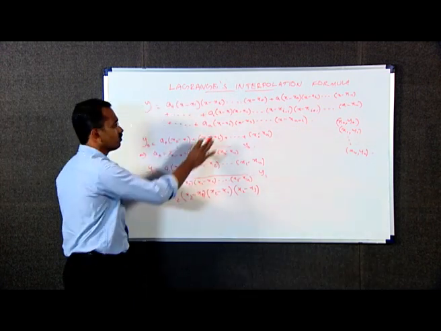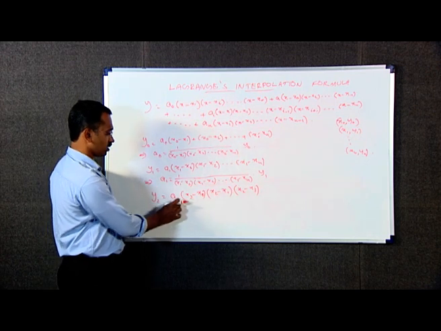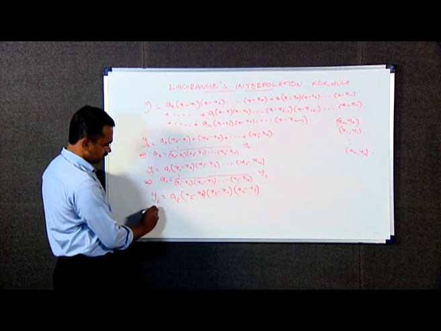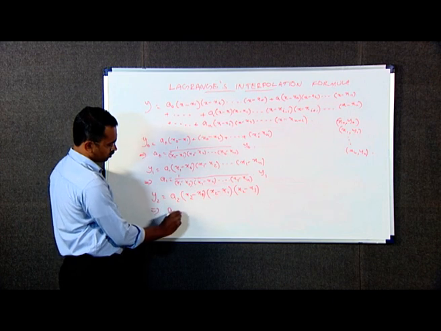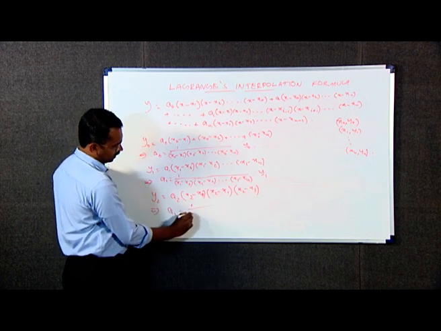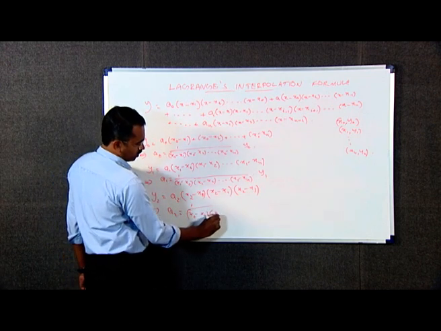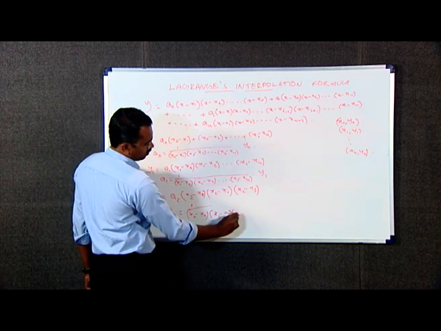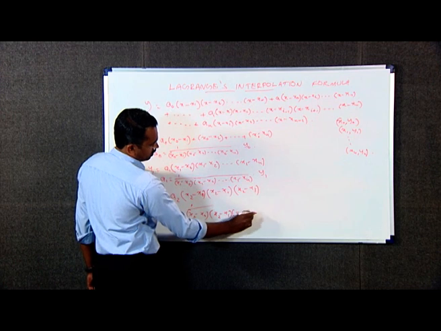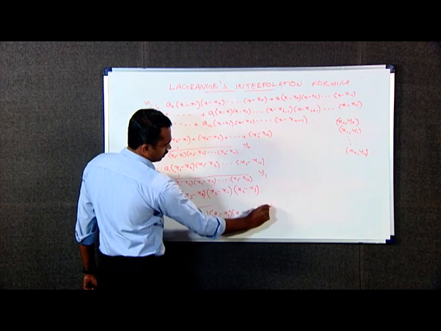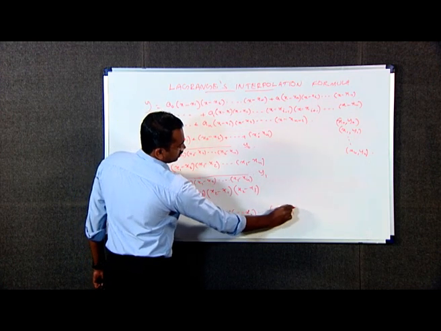All the other terms will become 0, therefore y2 is equal to this. This gives a2 is equal to 1 divided by (x2 minus x0) into (x2 minus x1) into (x2 minus x3) into etc., into (x2 minus xn).